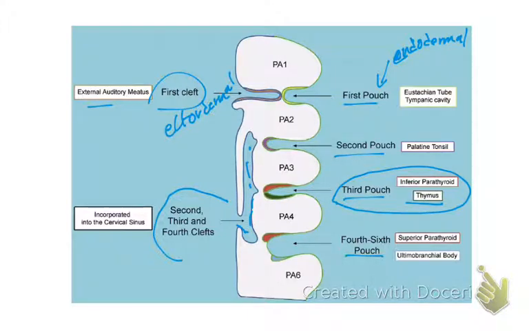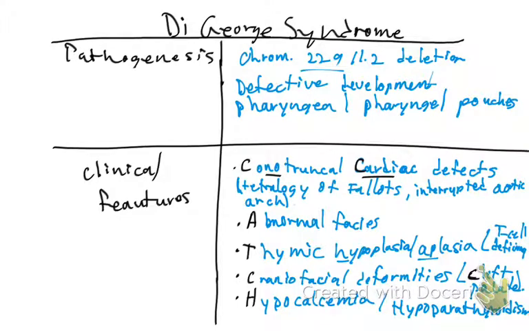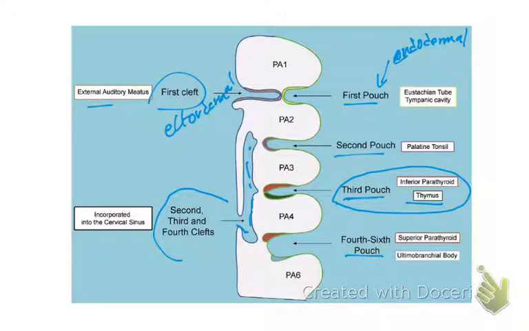Do you remember the patient that has a thymic aplasia or hypoplasia? That is because of the third pharyngeal pouch. Also, do you remember that we mentioned that the patients can develop hypoparathyroidism and hypocalcemia? The fourth pharyngeal pouch is responsible for the development of the superior parathyroid.